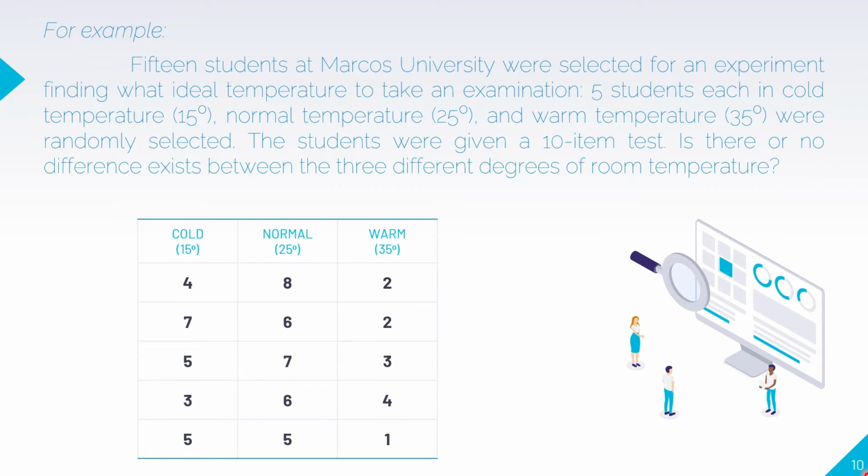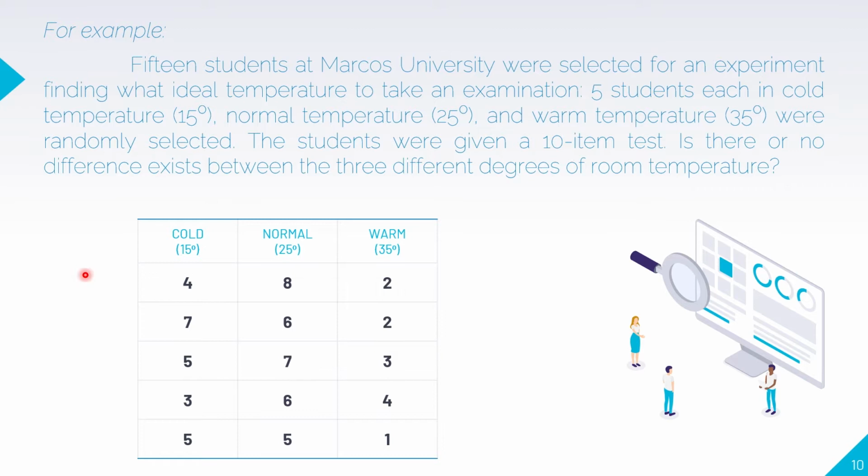The students were given a 10-item test. Is there or is there no difference between the three different degrees of room temperature? So that is our example, in which we need to find if there is a difference that exists between the three different degrees of room temperature.